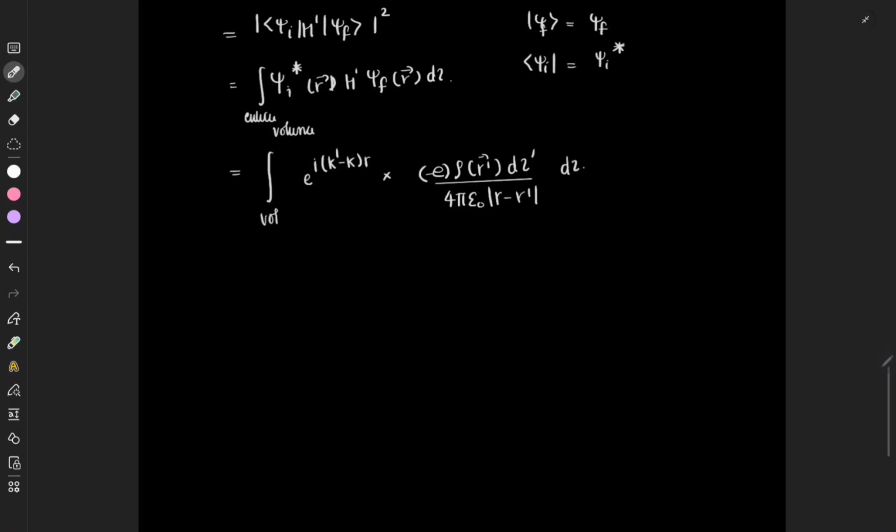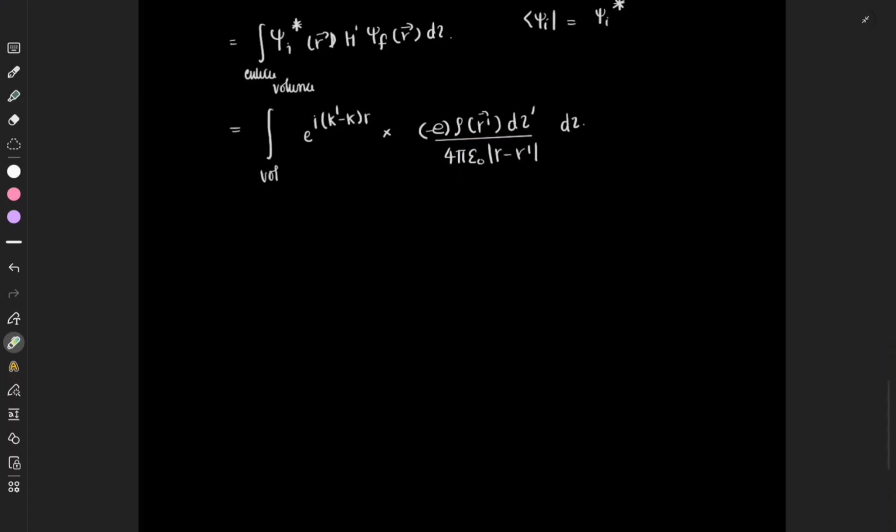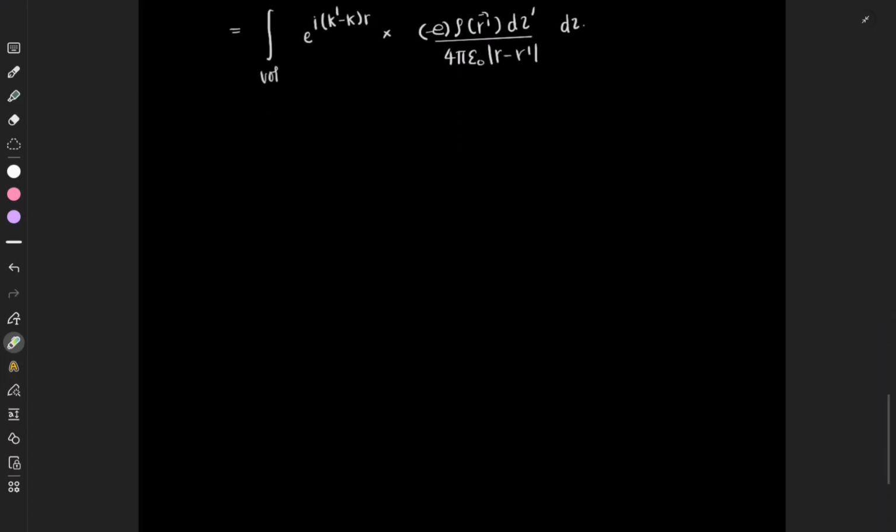The problem here is that we don't know what exactly this term is. In order to know that, we have to find the probability using the inverse Fourier transform. That is the only thing we can do to find this.